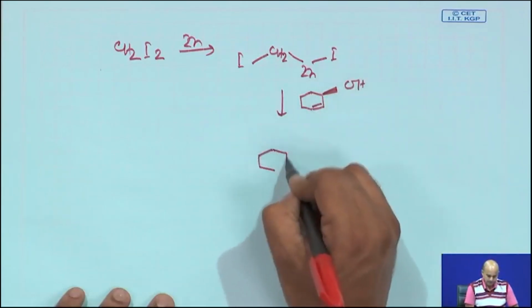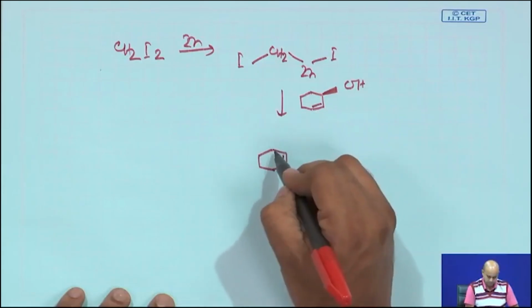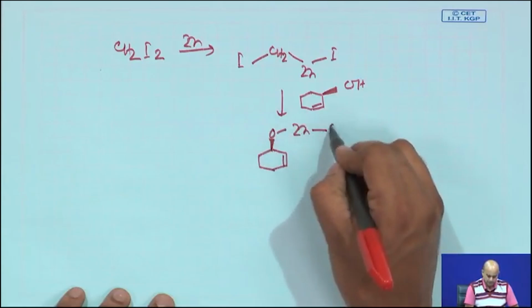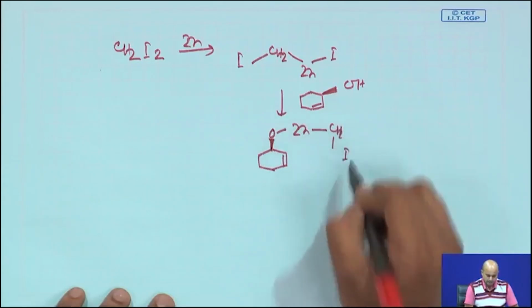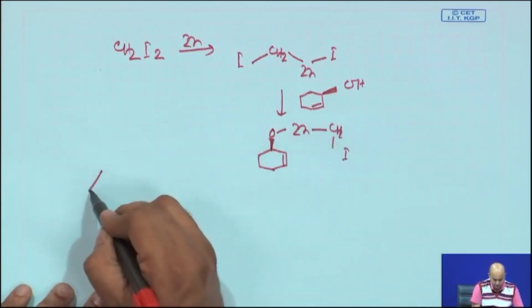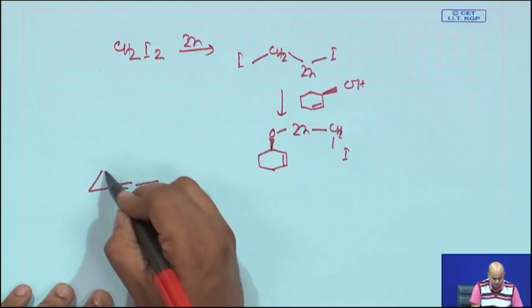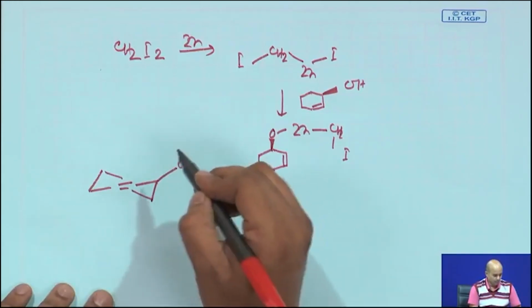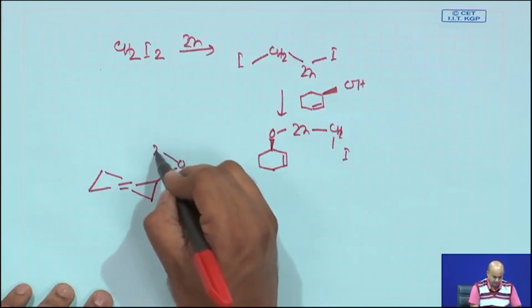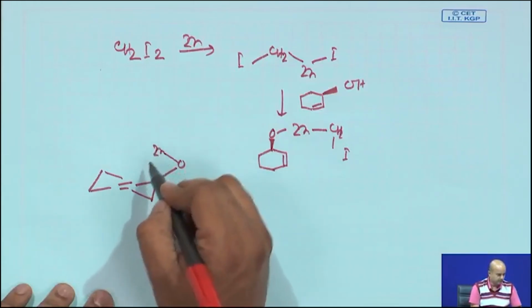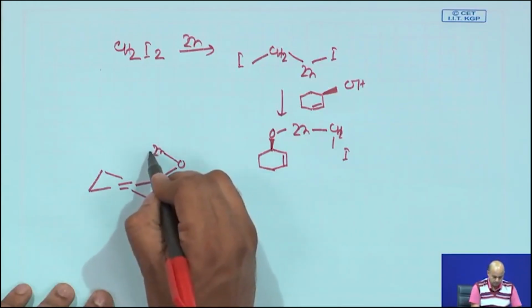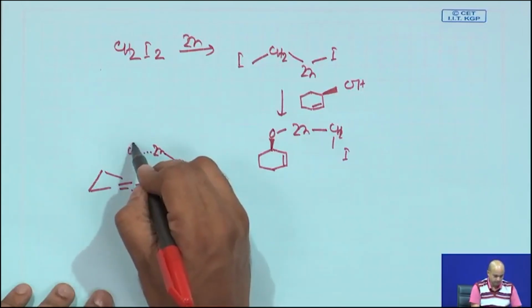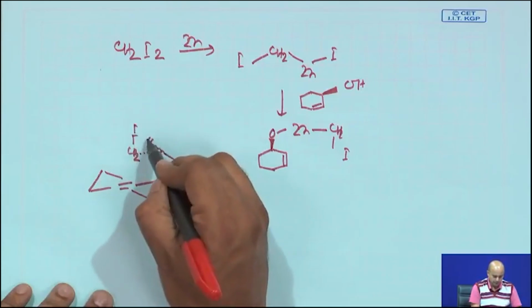It basically gives you this kind of O-Zn-CH2I. Now, this intermediate you can again write in a similar pseudo equatorial way, your O, your Zn, then you have this CH2 and then this iodo, which also has a zinc coordination.